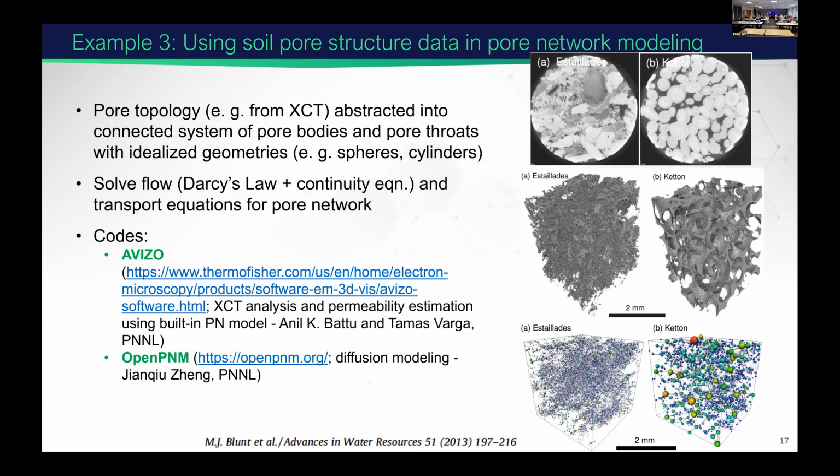And this kind of modeling can solve flow and transport equations for the pore network. Codes are, for example, Avizo that we use for MONet. My colleague Anil and myself use Avizo in EMSL, and OpenPNM is an open source code for also pore network simulations. Ganchu Zheng, PNNL, is one of the experts using OpenPNM.